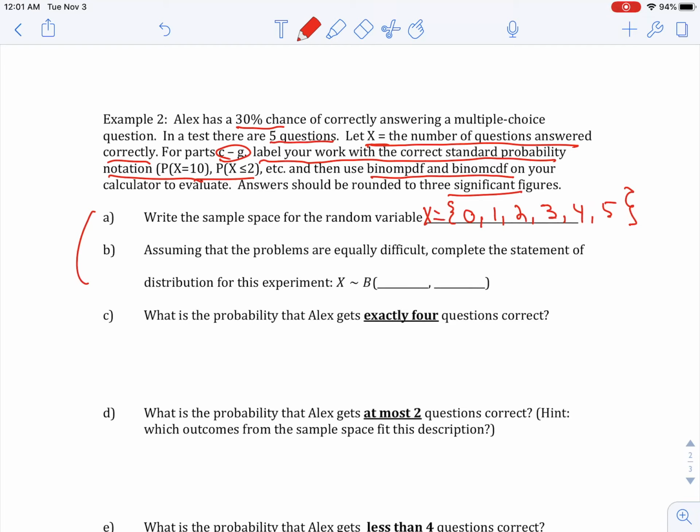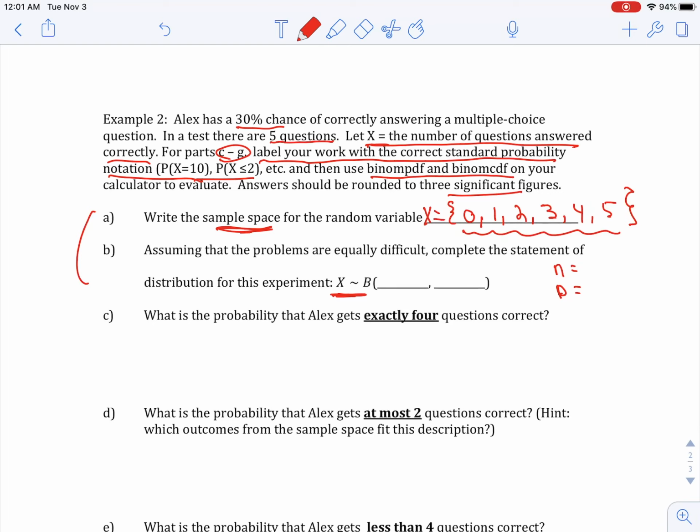I'm going to ask you to write the sample space for your problem, and then also write the binomial distribution for your problem also. The book doesn't ask you to do that, but I'm going to ask you to do that because I think it's important for you to have a picture of what the outcomes look like, and then also to have the binomial distribution set up so that you know what the values of n and p are when you're trying to put that into your calculator.